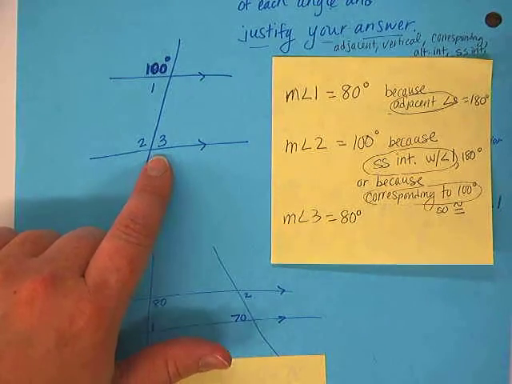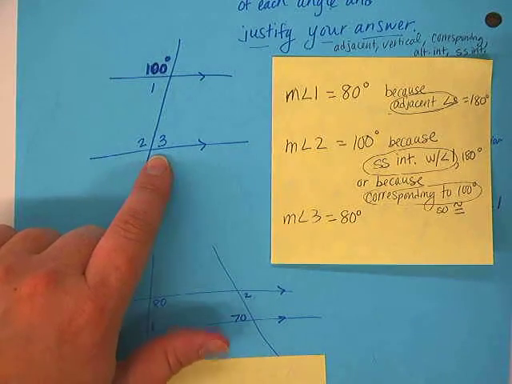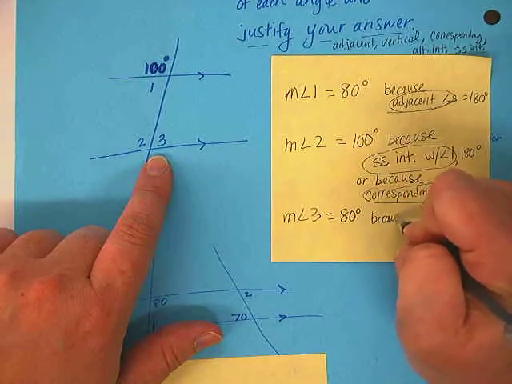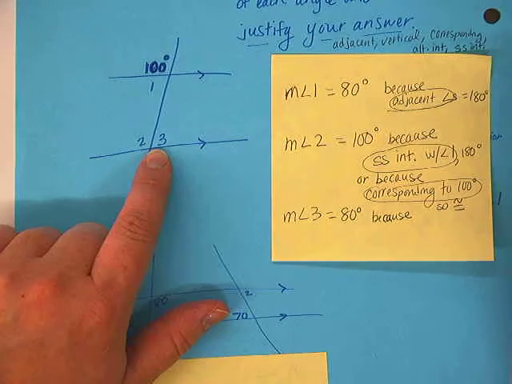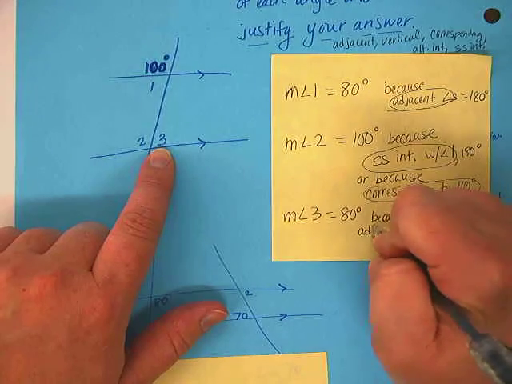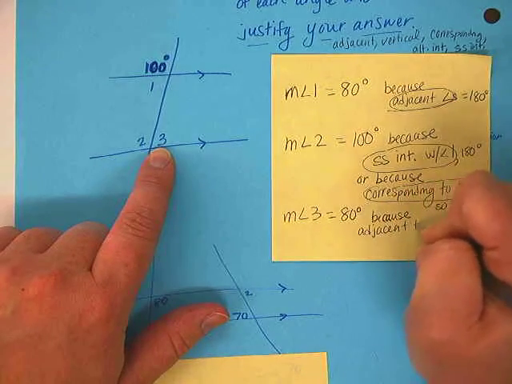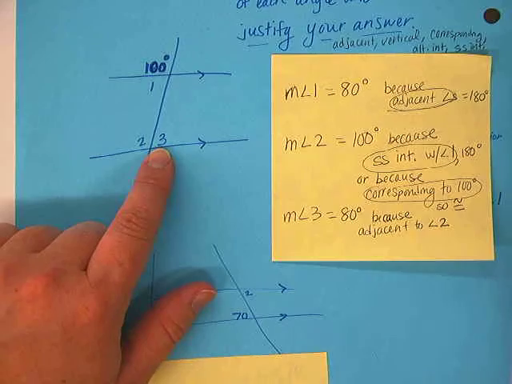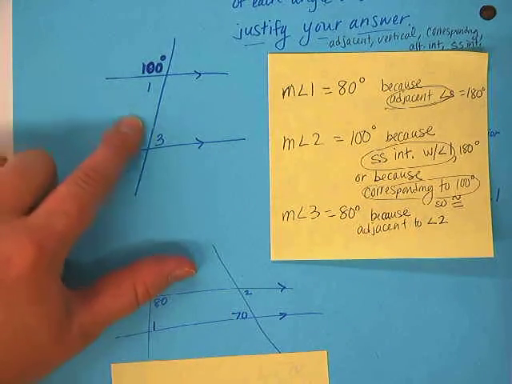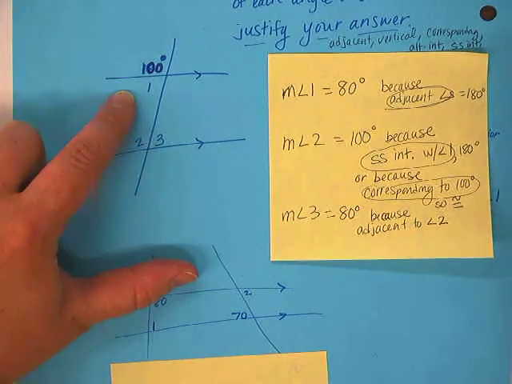Okay, we have a definitive answer saying that they think angle 3 is 80. That is correct. Why? Because angle 2 is 100. Okay, so his line of thinking was that angle 2 is 100 and angle 2 and 3 are adjacent. Adjacent to angle 2 means that they add up to 180, right?